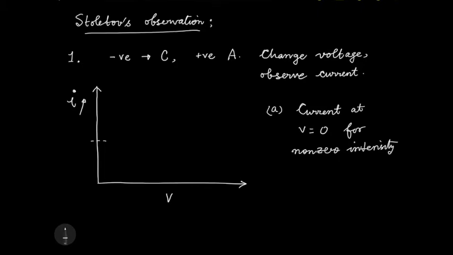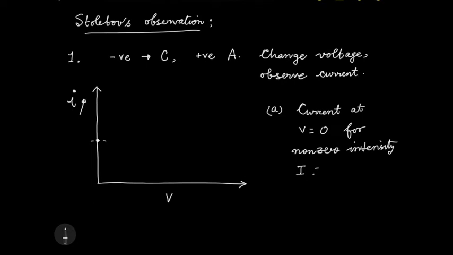So what you saw is that if you shine light with some non-zero intensity, you get a current at V equals 0. That is odd, because usually we know that you need to give some voltage to get current. Ohm's law, V equals I times R. That is not what you observed.